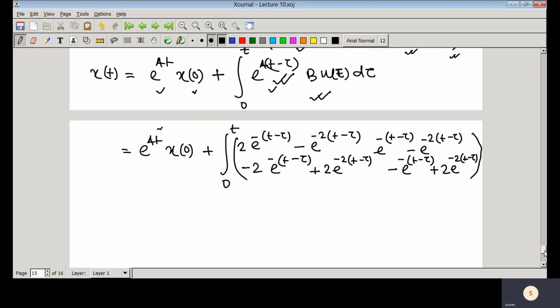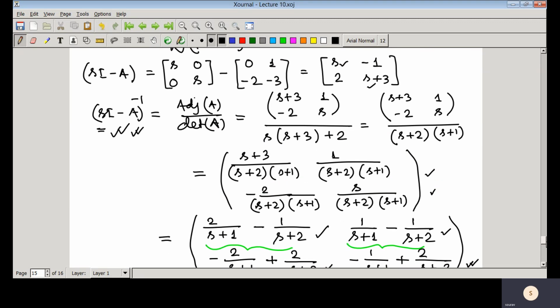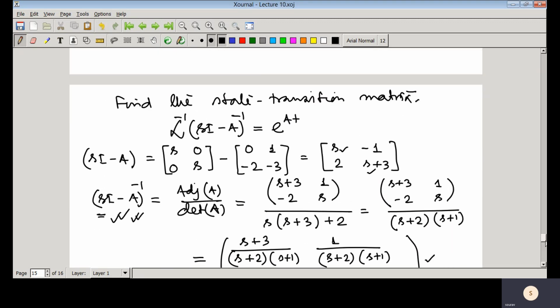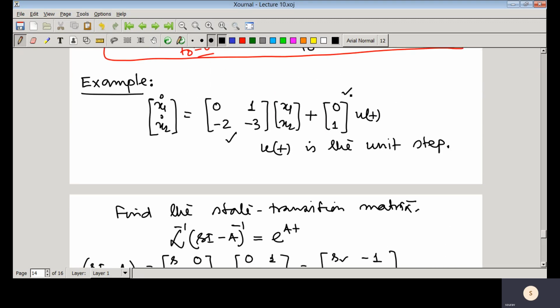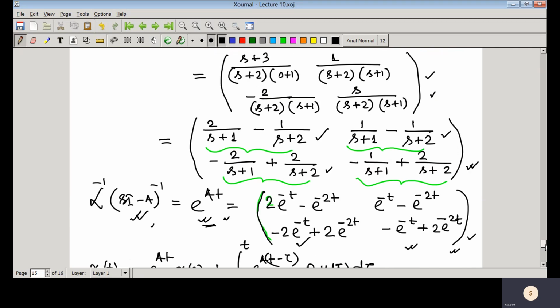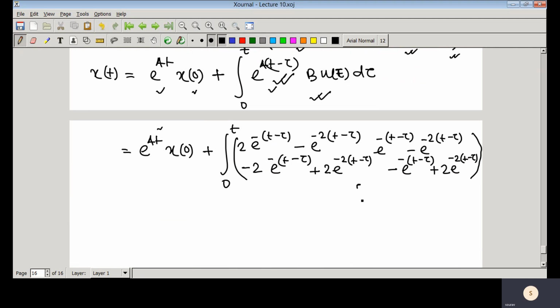Then what else do you have? You have B and u(tau). And what is your B matrix? From the state equation you can see this is your B matrix. So your B matrix is [0 1] transpose, into u(tau), and u(tau) is your input, and we have taken that this is a step input, so that would be equal to 1, d tau.